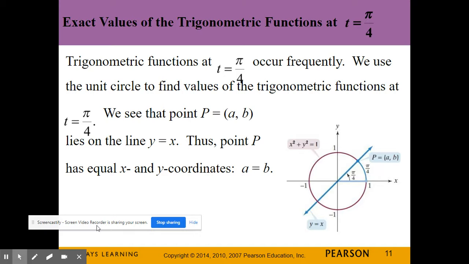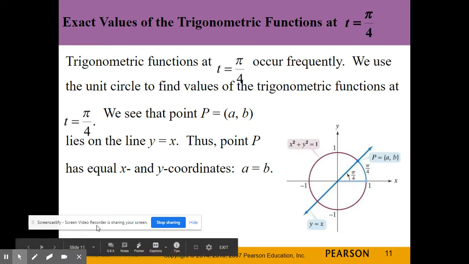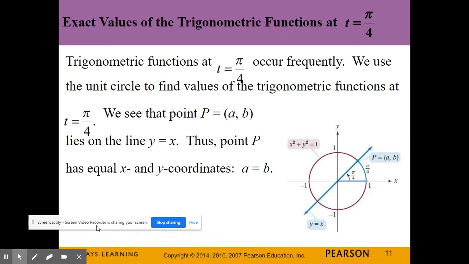So in order to do what we're about to do, we had to prove that y equals x, right? If you drew the line y equals x through the circle, you're going to get to that exact angle of pi over 4. Think about what a 45-degree angle means, right? Because we just looked at that in the unit circle.